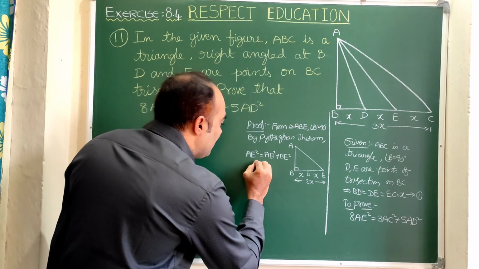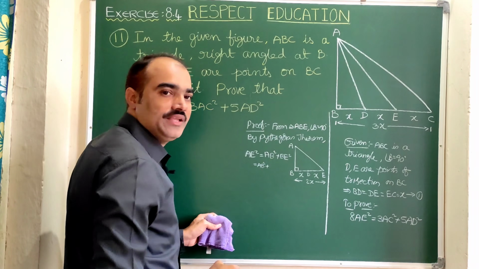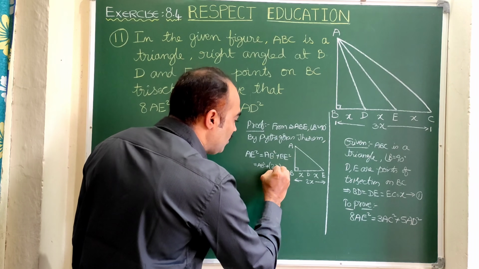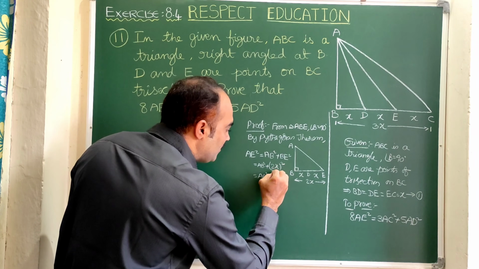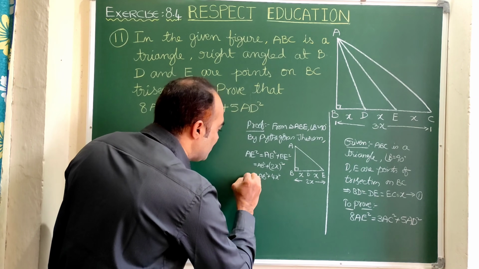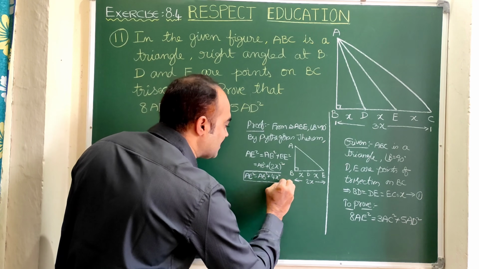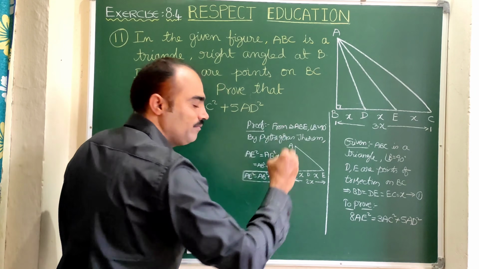So here we do not know AB square, let us write as it is, plus in place of BE I am going to write 2X. So BE square means 2X whole square. So this can be written as AB square plus 2 square is 4, X square is X square. So here AE square is equal to AB square plus 4X square. Let us consider this as equation number 2.